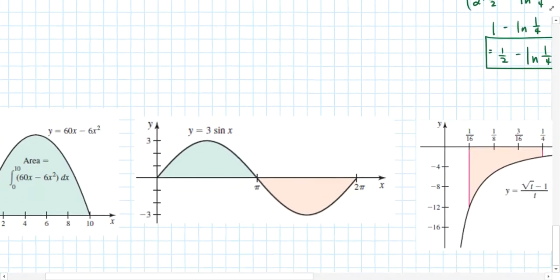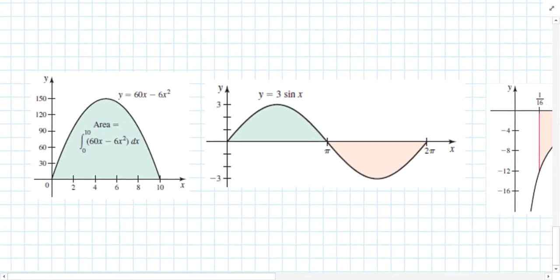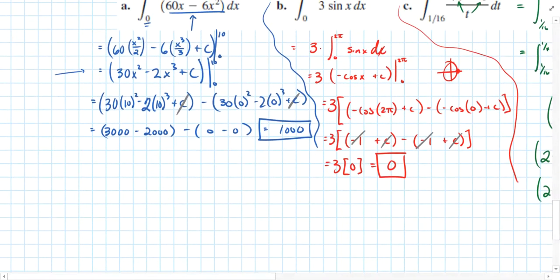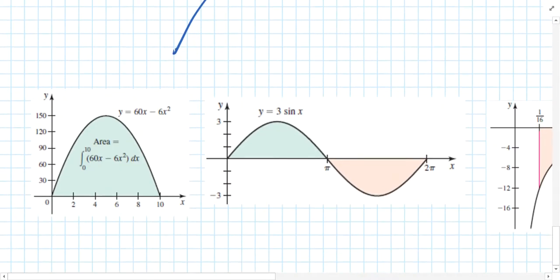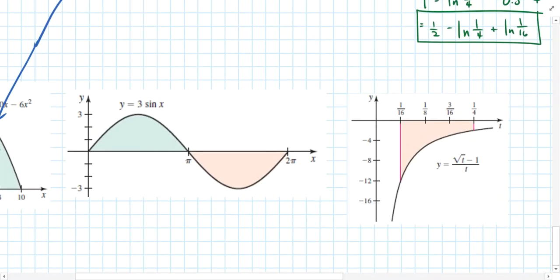Now, if you're looking at your notes below, you can see a sketch of these equations. And so in example A, we said the area underneath the curve between 0 and 10 should be 1,000. Well, here's that shape, and if the graph reaches 150, has a width of 10, but it's a curve along the way, I think it seems reasonable that the area could be 1,000. In part B, we said that the area ends up being 0.